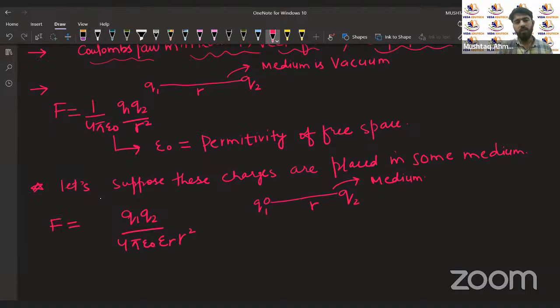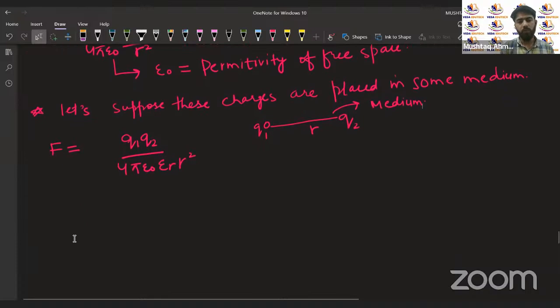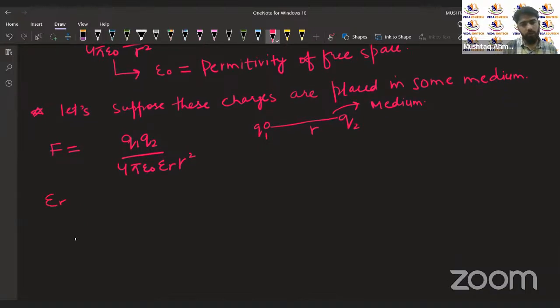The force between them is given by q1 q2 upon 4 pi epsilon naught epsilon r r square. जो epsilon r है हमारे पास, this epsilon r is called relative permittivity.